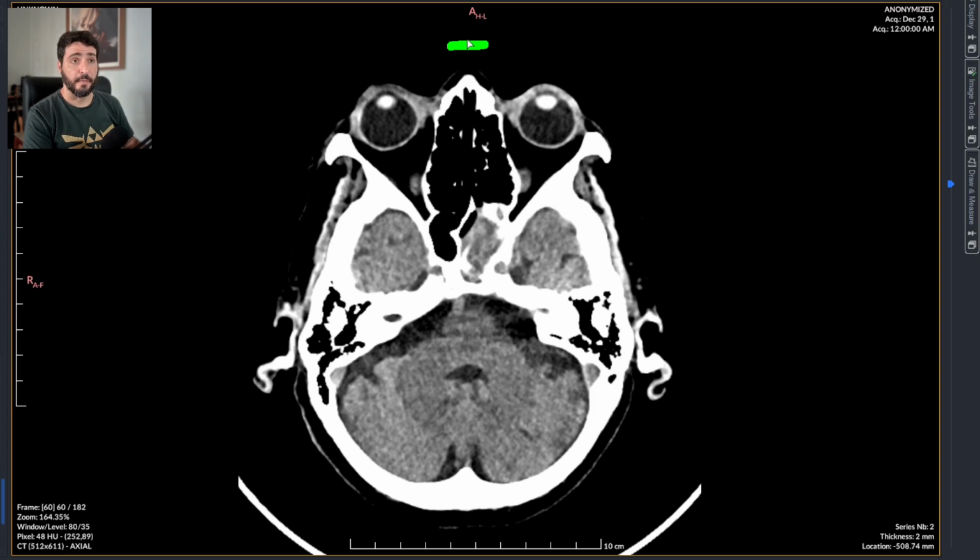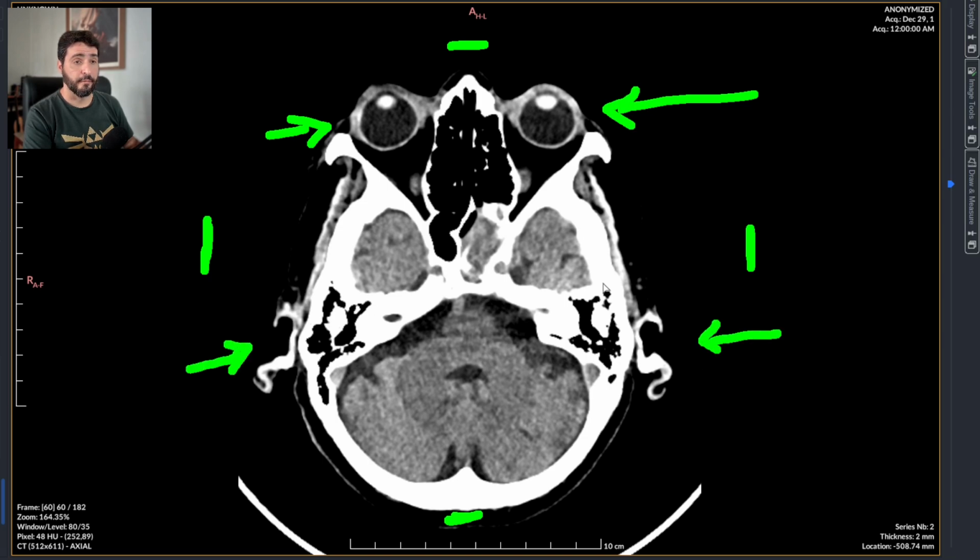This is anterior, this is posterior, this is left, and this is right. These are the eyes. These are the ears. We are looking at the base of the skull, and this is the back of the head, the occipital region.